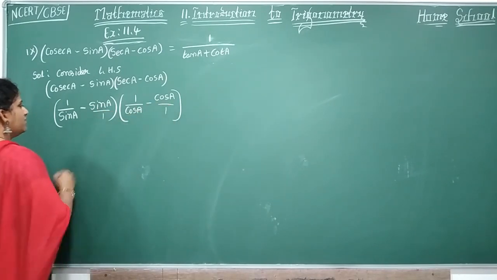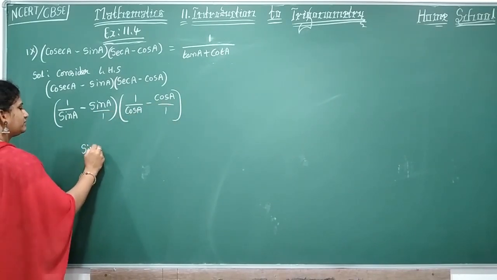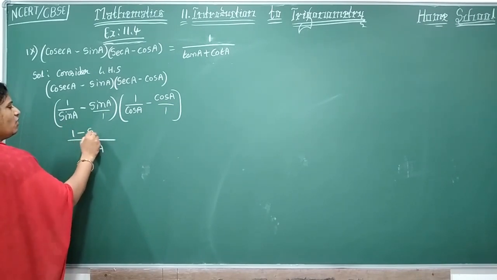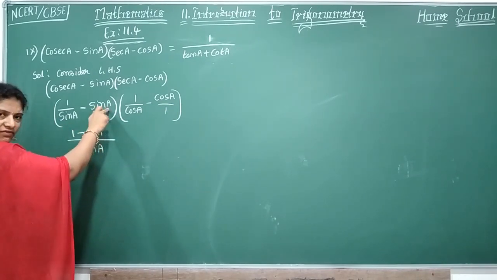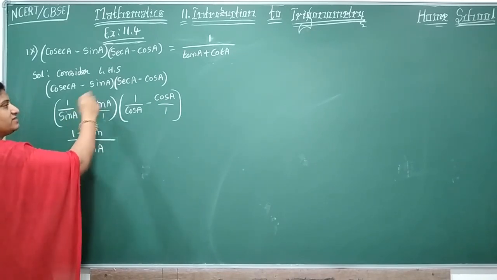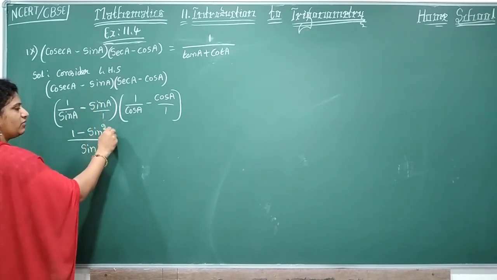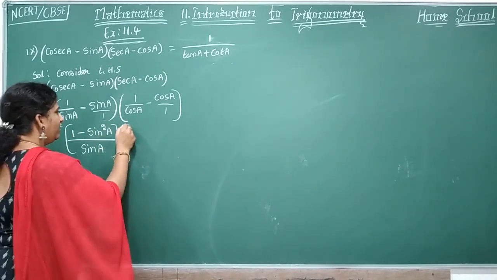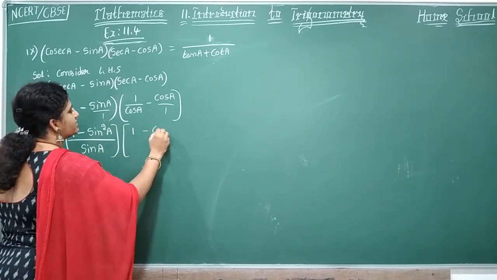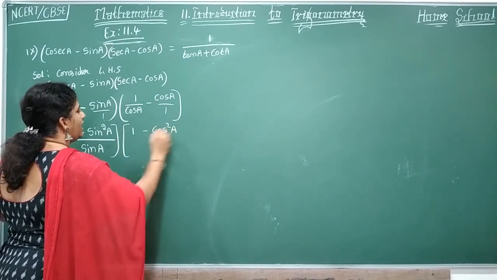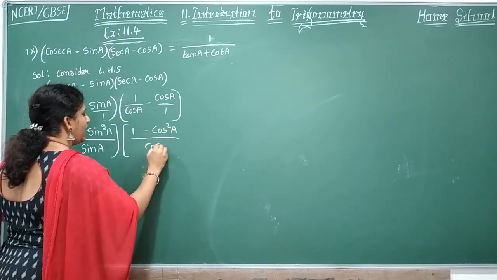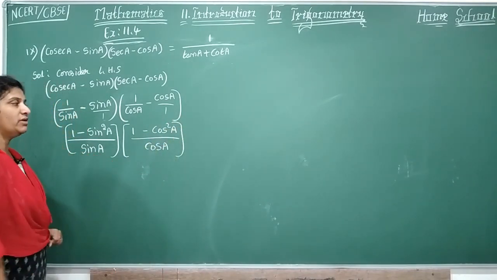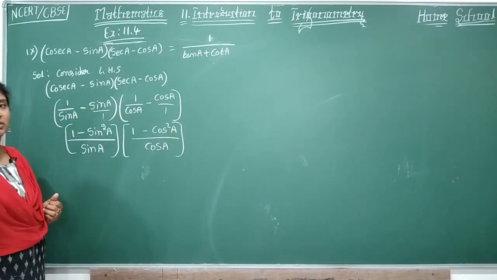That is sin A. Numerator it will be 1 minus sin square A. One more sin A you need to multiply here. (1 minus sin square A) by sin A into (1 minus cos square A) by cos A. Okay. So now again you remember the identities. Which identities you can remember here?